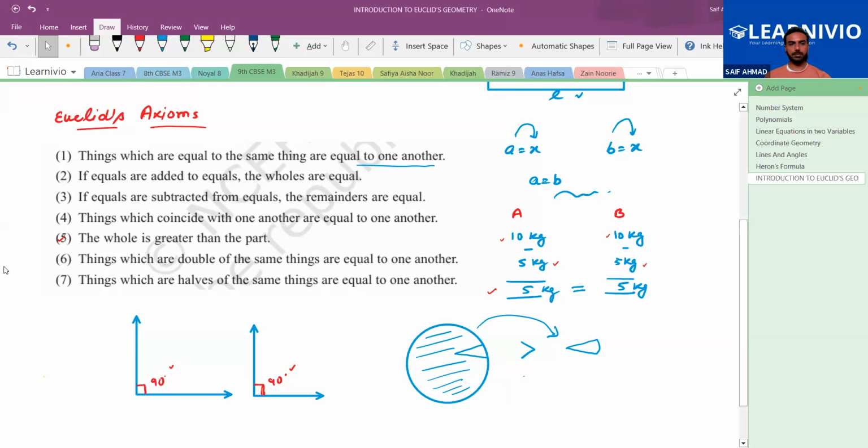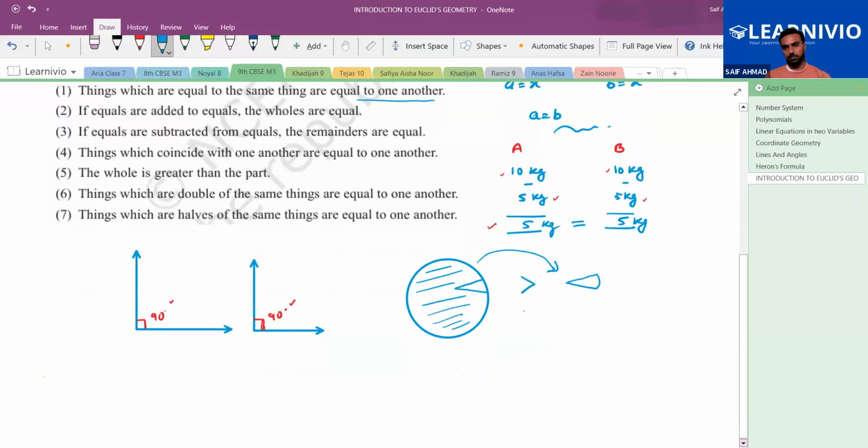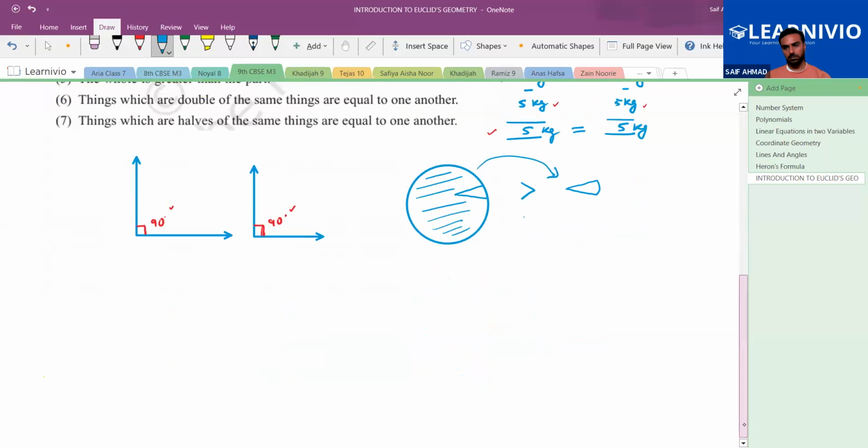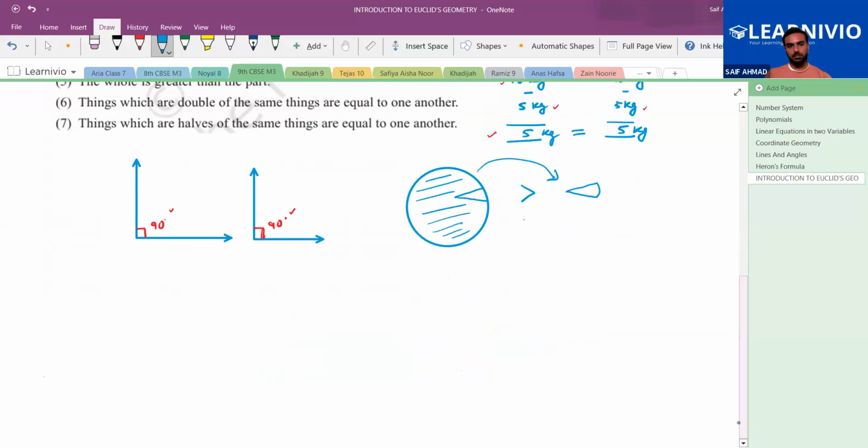Okay, axiom 6: things which are double of the same things are equal to one another. For example, x will be equal to 2a, and y also equal to 2a.